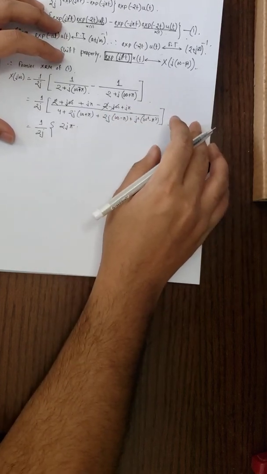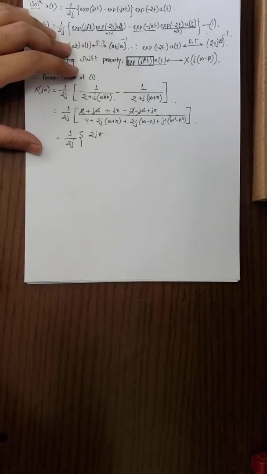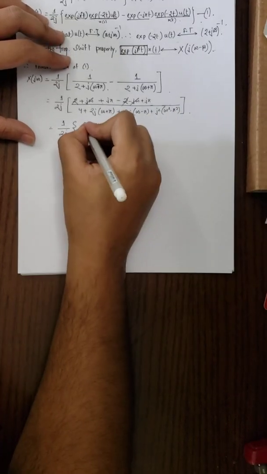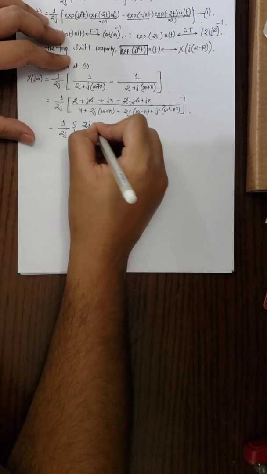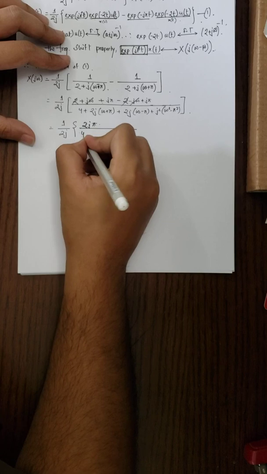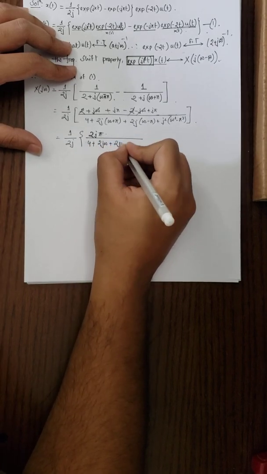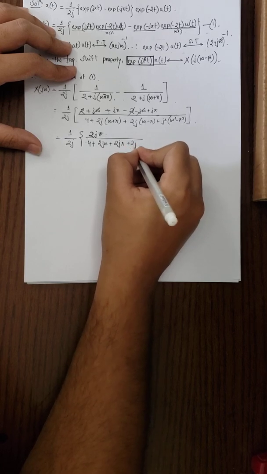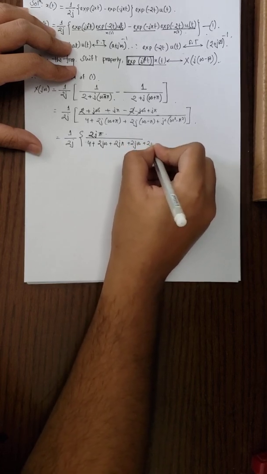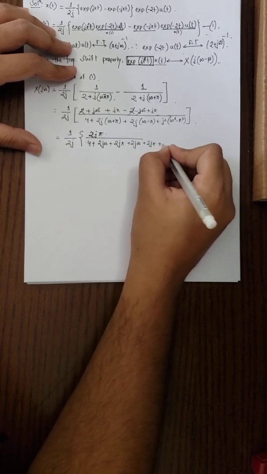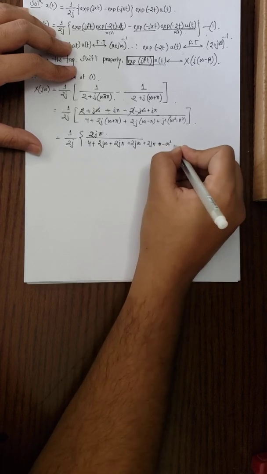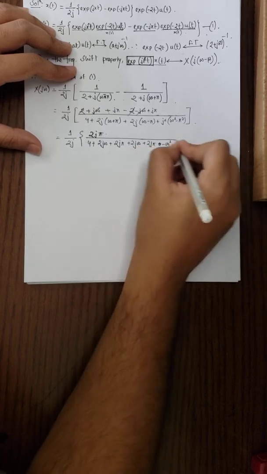Sorry, we are left with 2j times pi over 4 plus twice j omega, twice j pi, twice j omega, twice j pi plus negative omega squared plus pi squared.